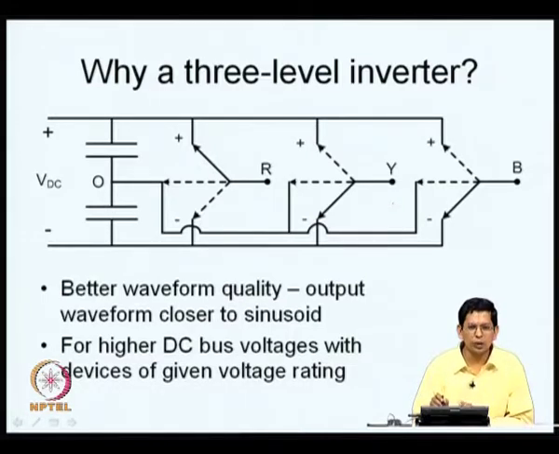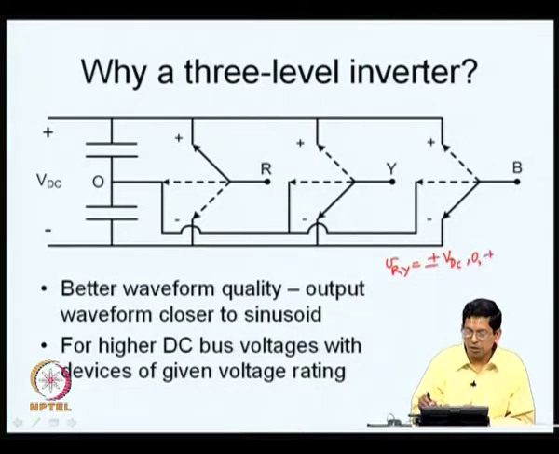So, you want the voltage to have as many levels as possible. In the case of a 2 level inverter, it can be either plus VDC or 0 or minus VDC. These are the only 3 voltage levels possible for VRY. In the case of a 3 level inverter, you have not only plus VDC and 0, you can also have plus or minus 0.5 VDC.